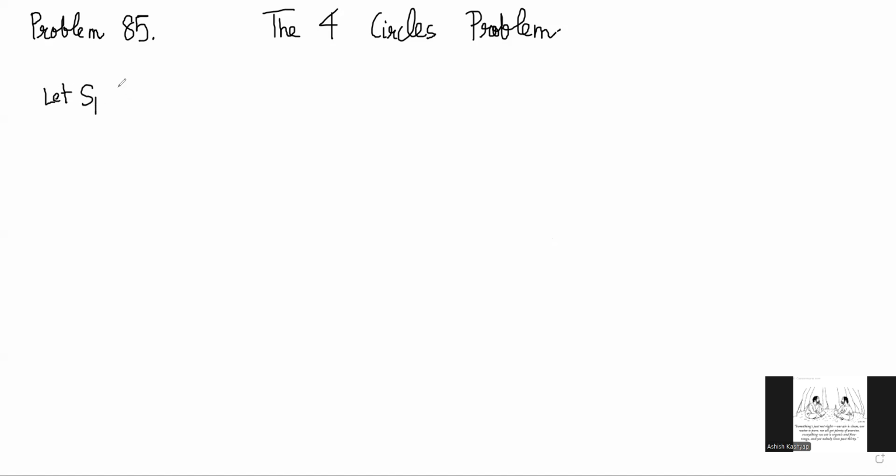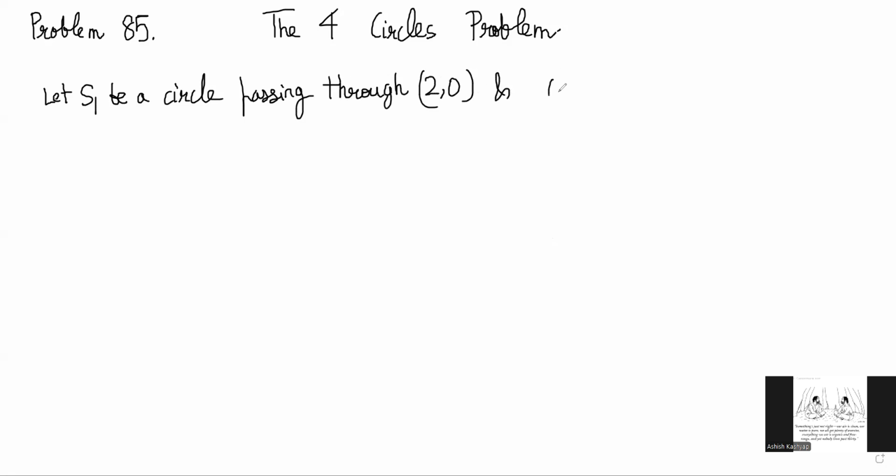Let S1 be a circle passing through (2, 0) and (0, 2) and having the smallest possible area.